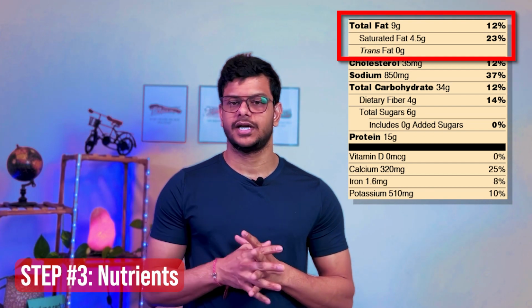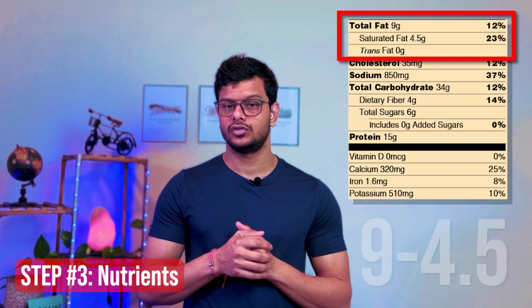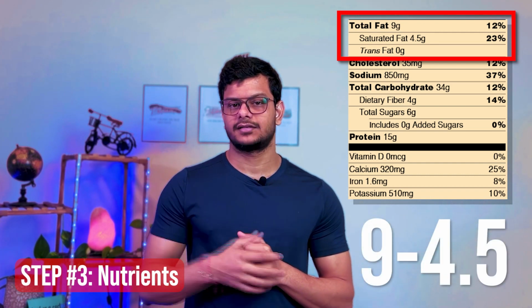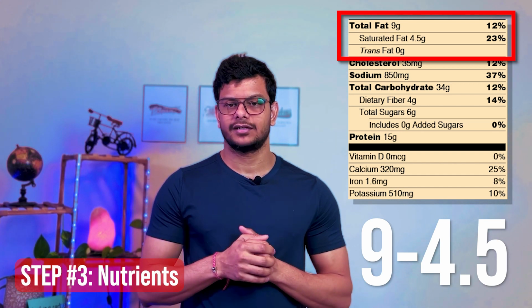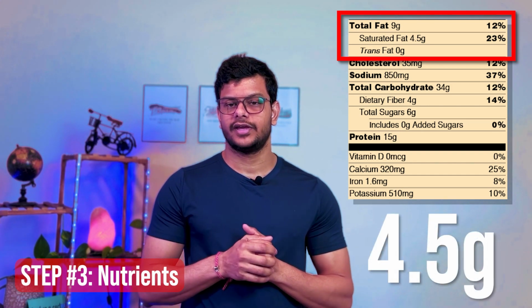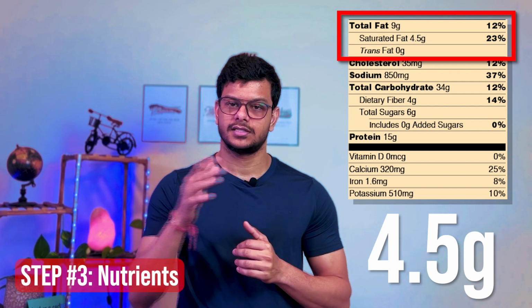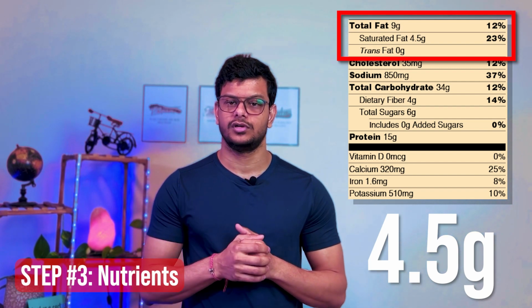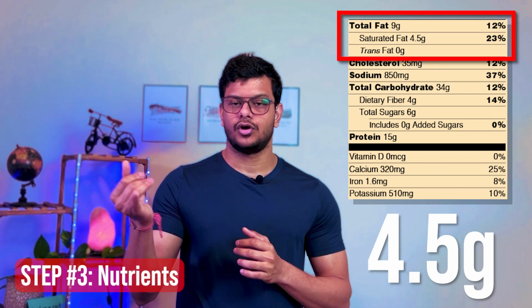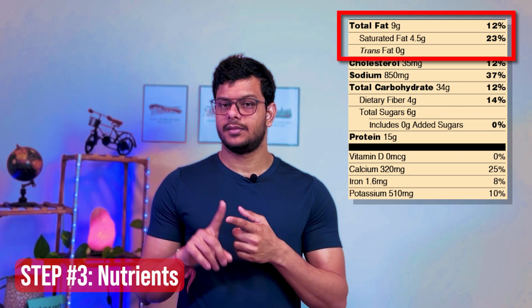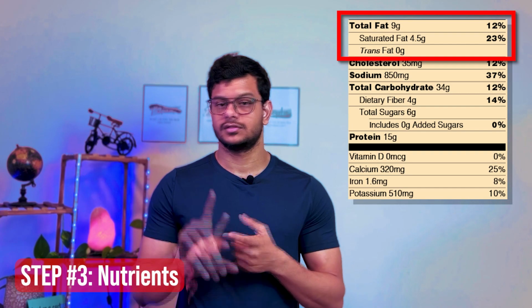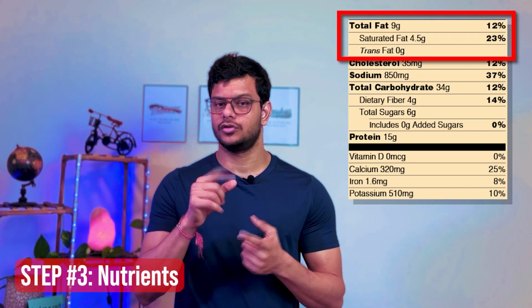So to know the unsaturated fats present in that food, you just subtract the saturated fat amount from the total fat. When you do that, you get the other 4.5 grams, which is the unsaturated fat present in the food, which can be monounsaturated and polyunsaturated fats. As we discussed about fats in my previous videos, these unsaturated fats are good for you.